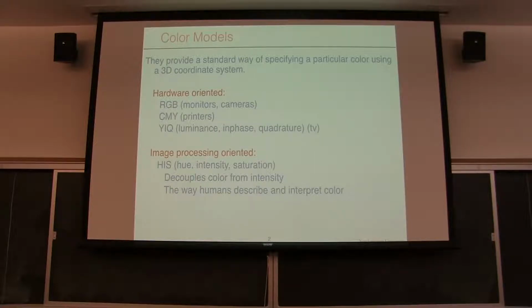And in the image processing oriented group, we're going to talk about HSI and LAB. The main difference for the image processing oriented ones is that they decouple the color information from the intensity information. That's what I was mentioning last time, that, for example, it might be useful to detect faces in an image because everybody has more or less the same hue.